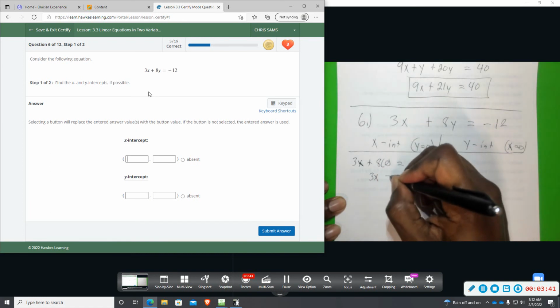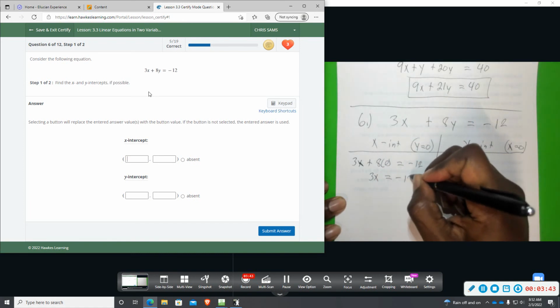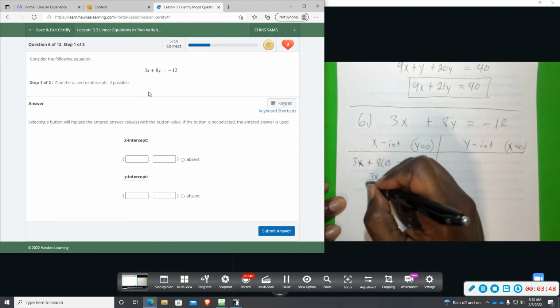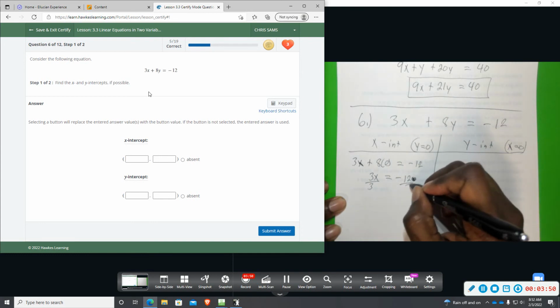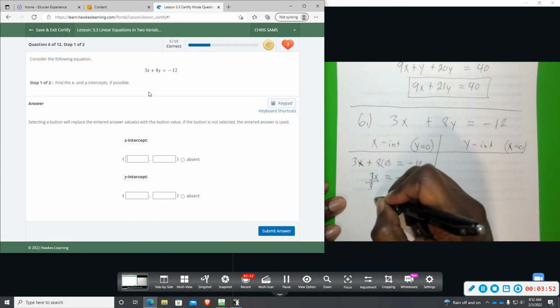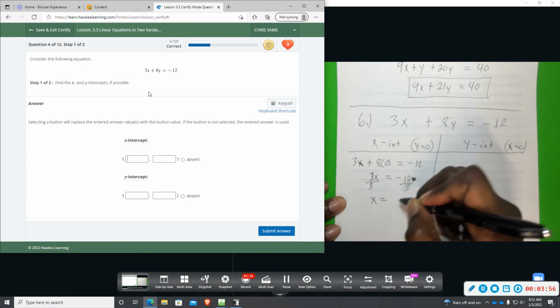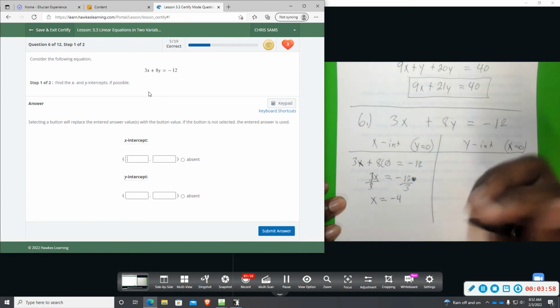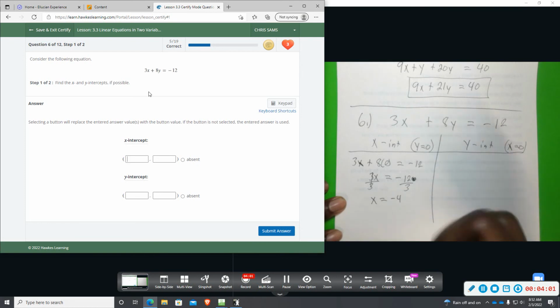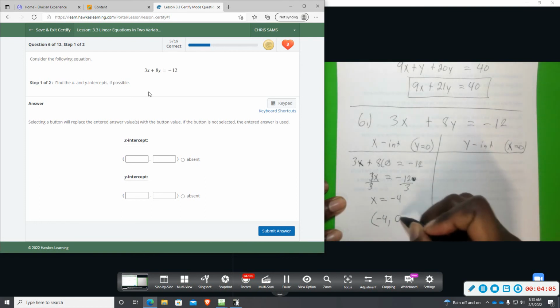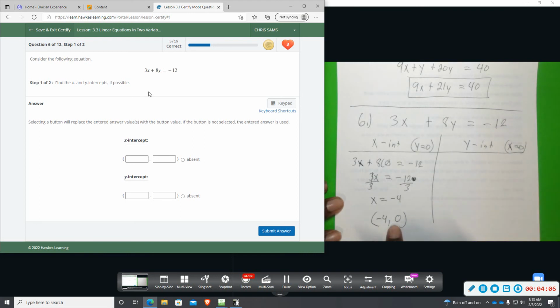So you get 3x equals negative 12. Divide by 3 to get x by itself. 3 divided by 3 is 1, and that leaves you with x equals negative 12 divided by 3, which is negative 4. You want to put this as an ordered pair: x is negative 4, y is 0. So this is your x-intercept.